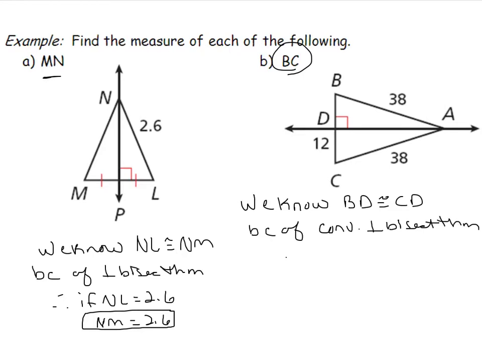Okay, so therefore, if CD is 12, then BD has to equal 12. So BC should equal the 12 plus the 12 because it's the two combined, right? So we should get 24.